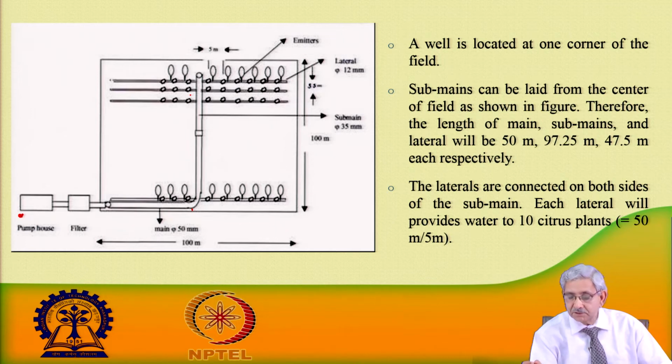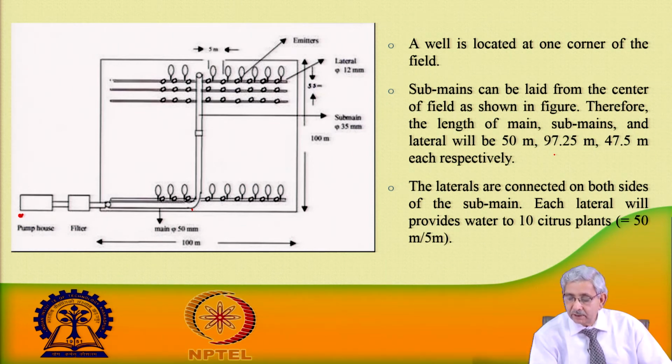When we are making the length, you can see here the main pipeline is of 50 meter, the sub main pipeline is of 97.25 meter, and then the lateral is of 47.5 meter. So, this way we are making the layout, and because the size of the field is known, we know what will be the length of these pipelines.